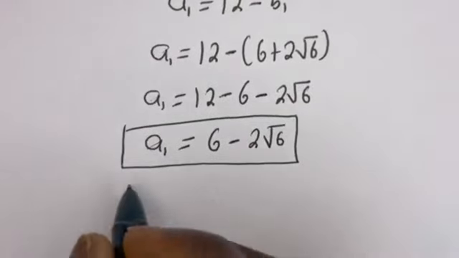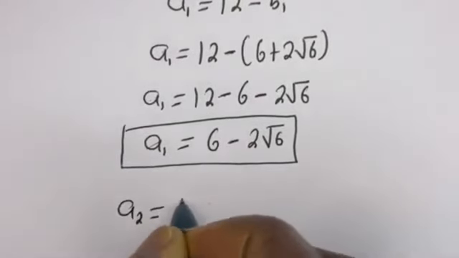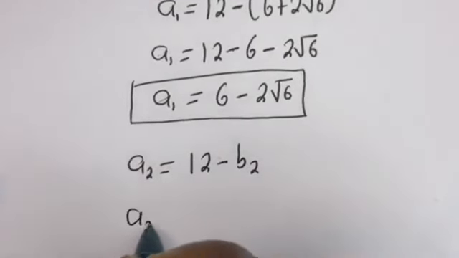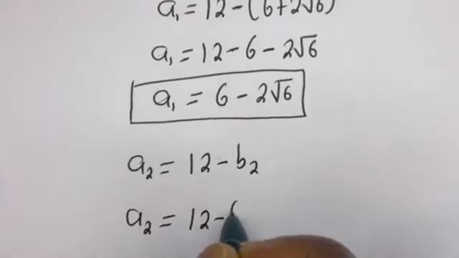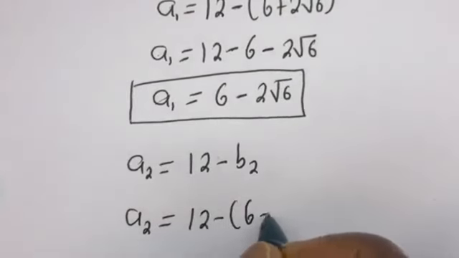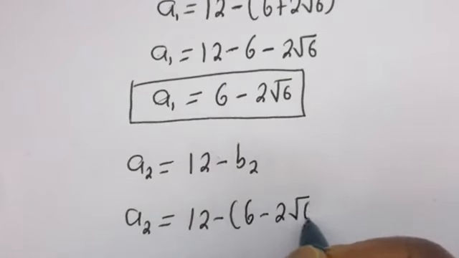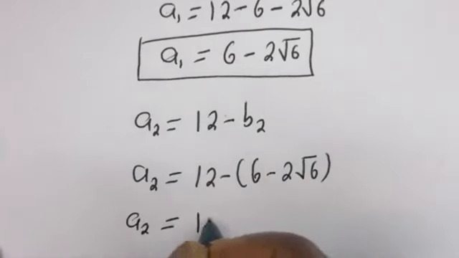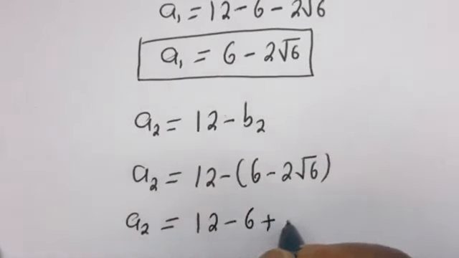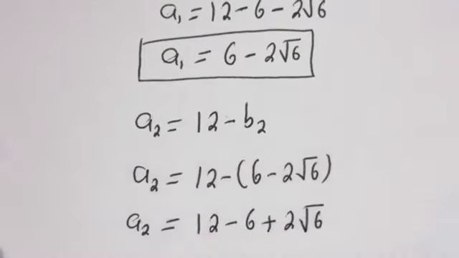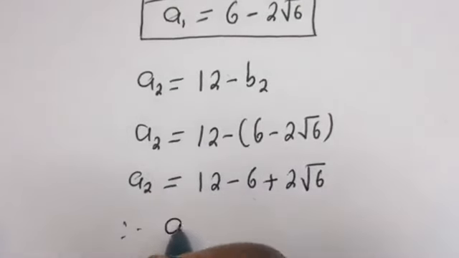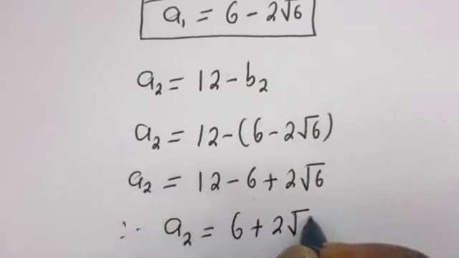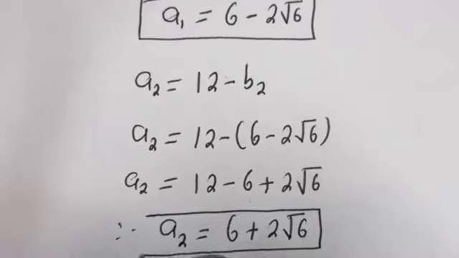Now let's solve for A2. A2 is equal to 12 minus B2. Now A2 is equal to 12 minus bracket B2, which is 6 minus 2 root 6. A2 is equal to 12 minus 6 plus 2 root 6. Therefore, A2 is equal to 6 plus 2 root 6. This is the value of A2.